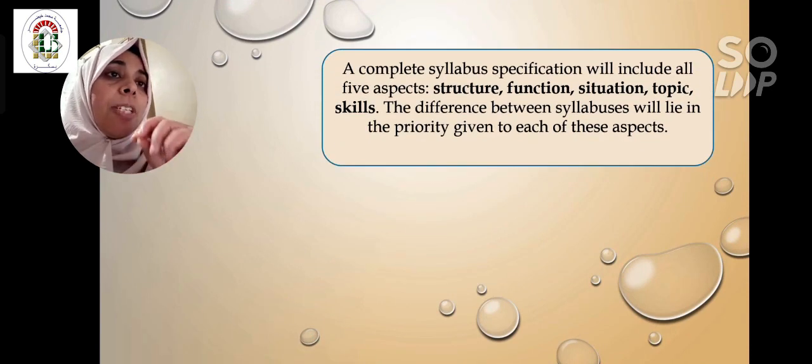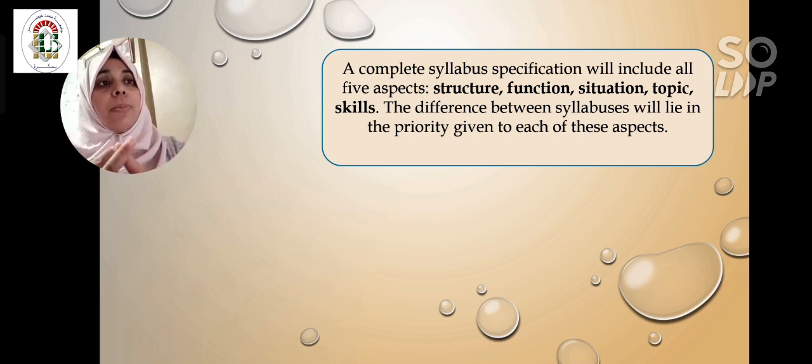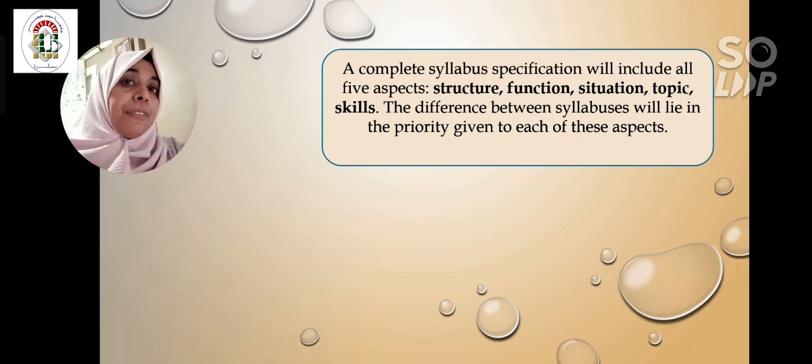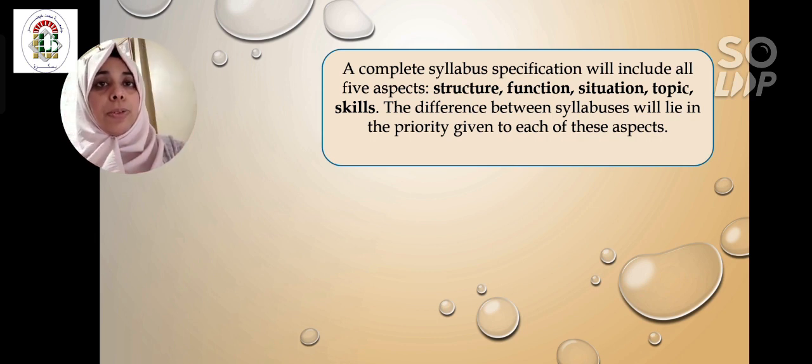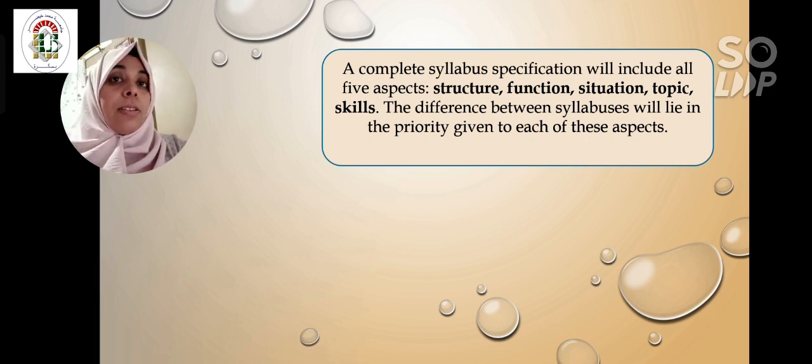A complete syllabus specification will include all 5 aspects: the structure of the syllabus, the function of the syllabus, the situation of the syllabus, the topic of the syllabus, and the skills of the syllabus. And these are the main components for the difference between syllabuses, which decide the type of the syllabus: the structural, the notional functional, the situational, the content, the skill based, and so on.